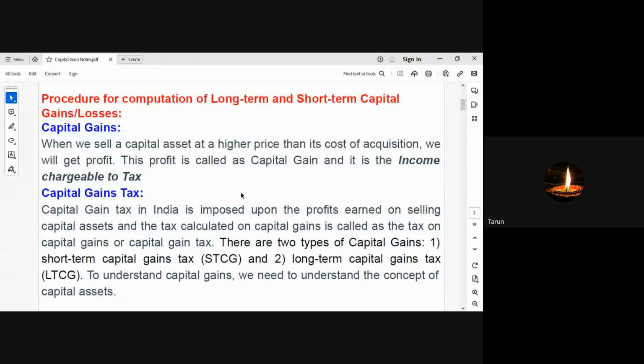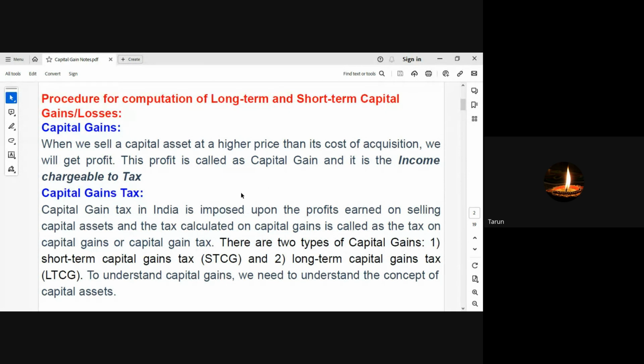Before you come to the numerical aspect, you need to learn what capital gain is and what capital gain tax is. A few students say capital gain tax is the same as capital gain, but we cannot say it is exactly the same, right? So what is capital gain?